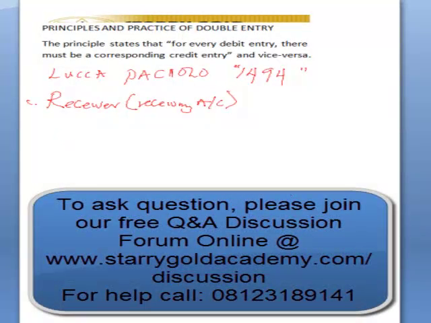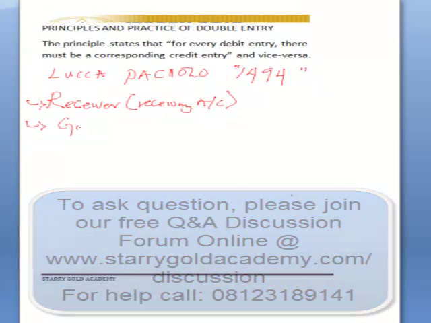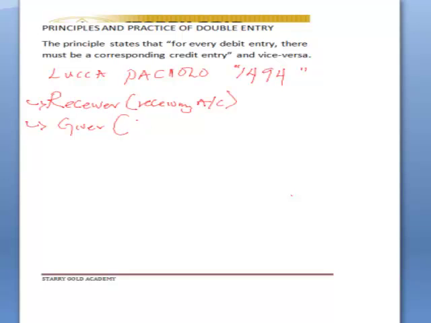Then we must have another party called the giver, and that giver can also be called the giving account. So the double entry principle recognizes that there are two parties to every account transaction. As a result, we have the receiver and the giver.